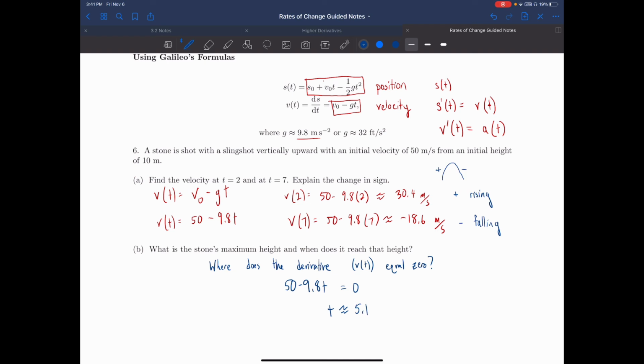Okay. So this question, the way it's asked, is actually backwards, because what is the stone's maximum height and when does it reach that height? Well, with this question, we have to find when does it reach that height to find out what it is.